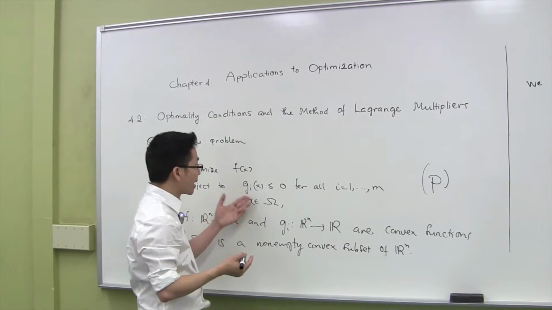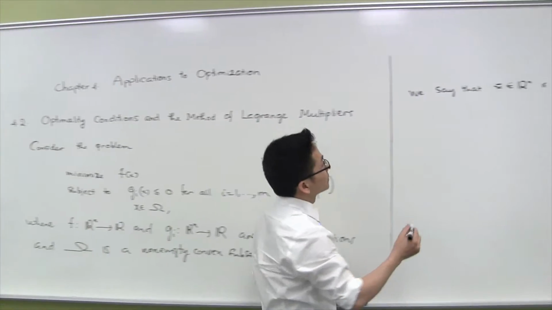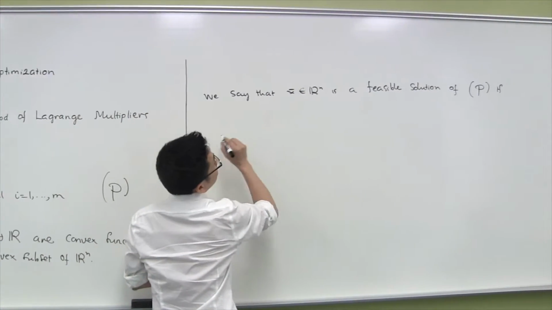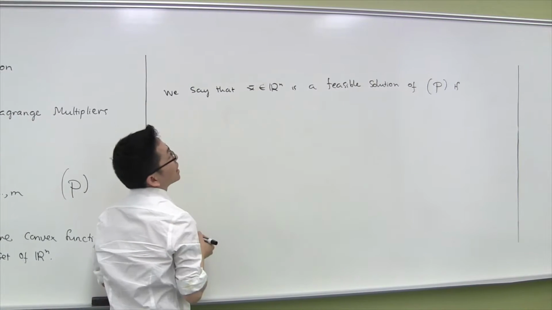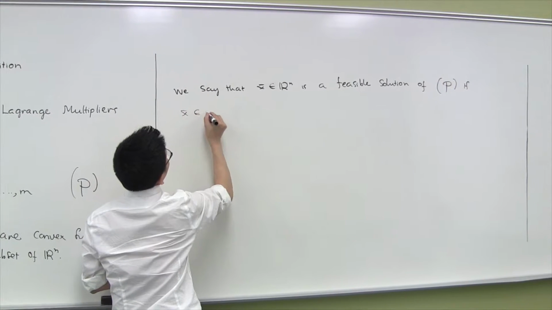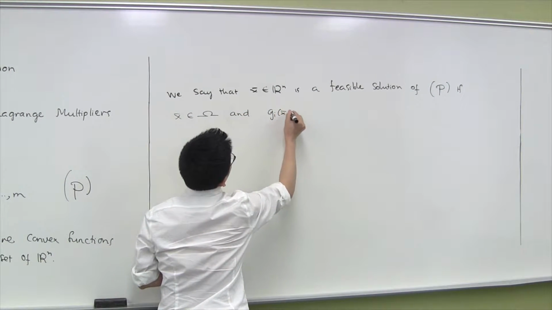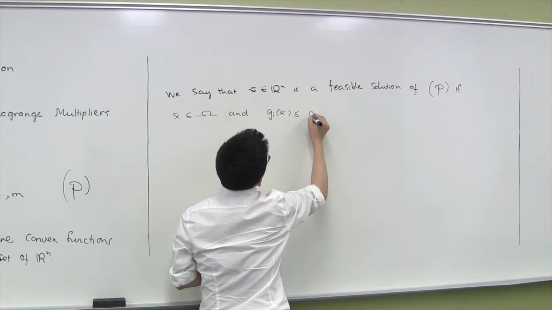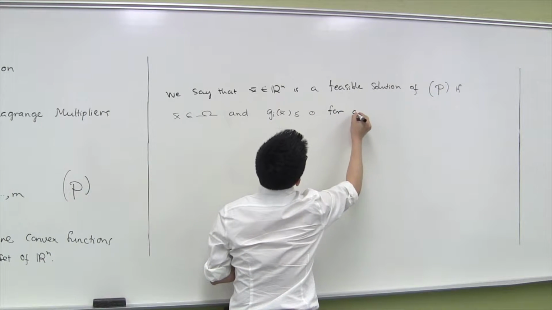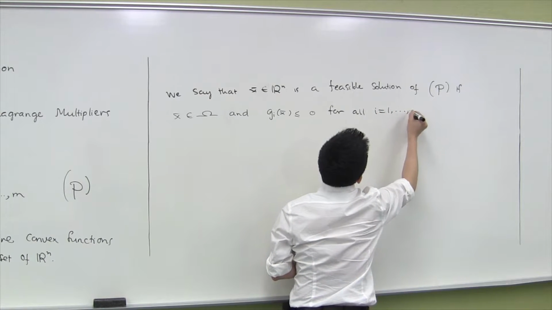That means x bar satisfies the constraint of the problem. So x bar is a feasible solution of P if x bar is in omega and gi of x bar is less than or equal to 0 for all i from 1 to m.